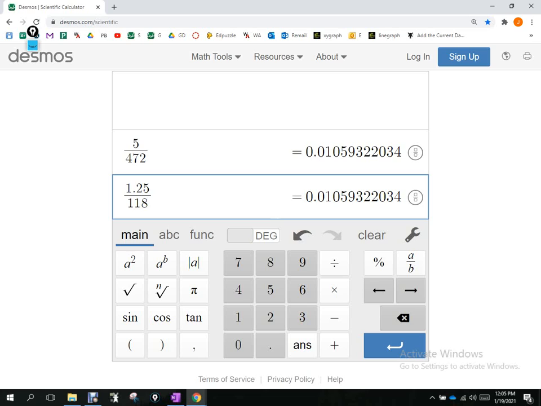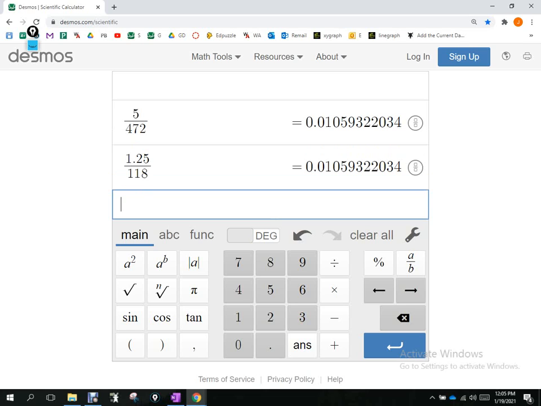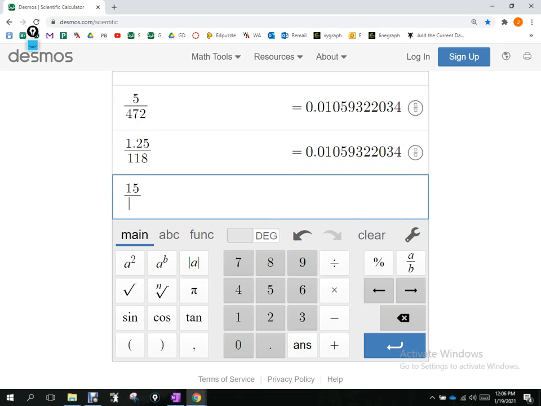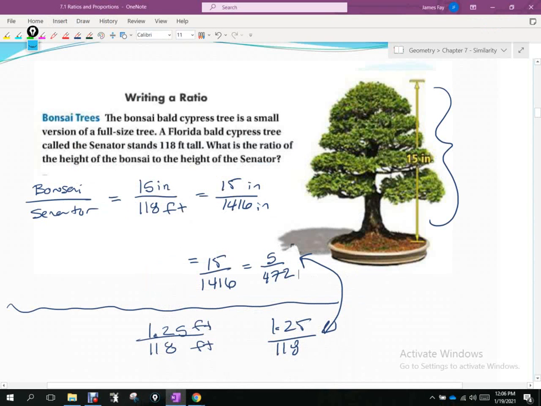Okay. But if I didn't change things, if I would have left it as 15 inches over 118 feet, that is different, right? And that's because this was inches over feet, and those don't work together in that comparison. Does that make sense, everybody? Questions on that? Is that something we knew?